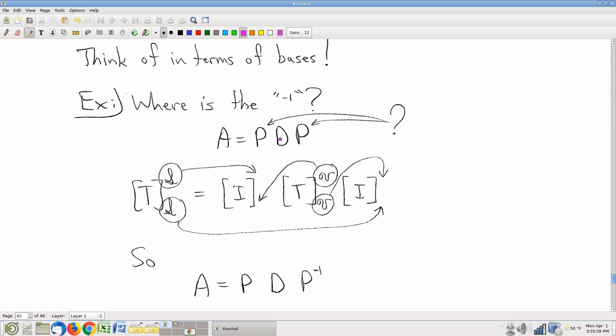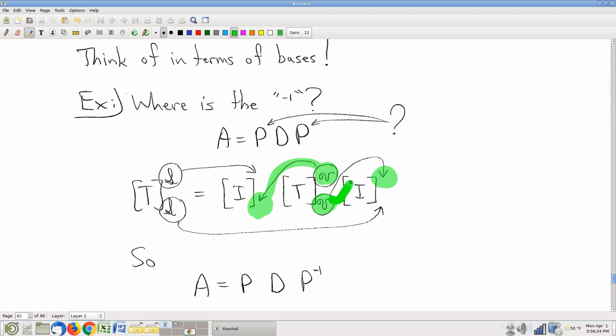So, specifically, the fact that this is the script V basis. Well, when you multiply matrices, those have got to be the same bases, because the language of what comes out of here has to be the same as the language of what goes in to here. Likewise, this basis has got to be the same as that basis.